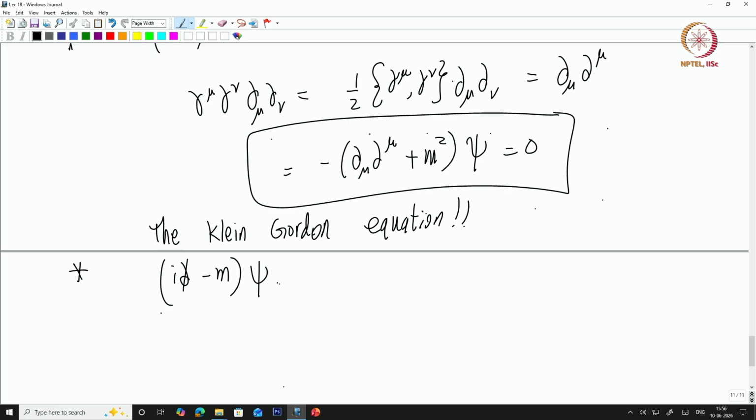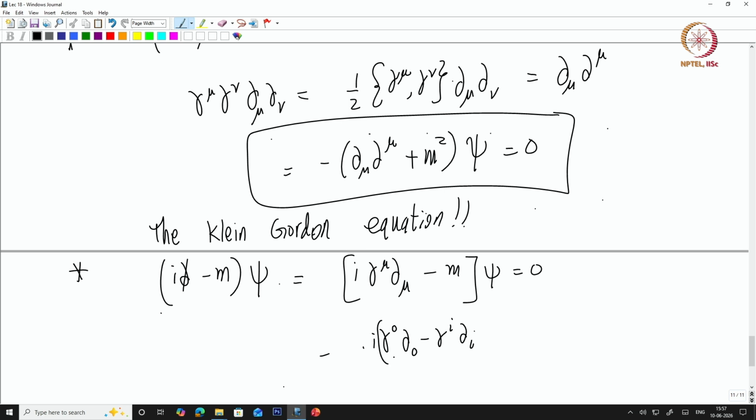This is actually a matrix equation. It is equivalent to (i gamma mu del mu minus m) psi equal to 0, which is equivalent to (i gamma 0 del 0 minus gamma i del i minus m) psi equal to 0.